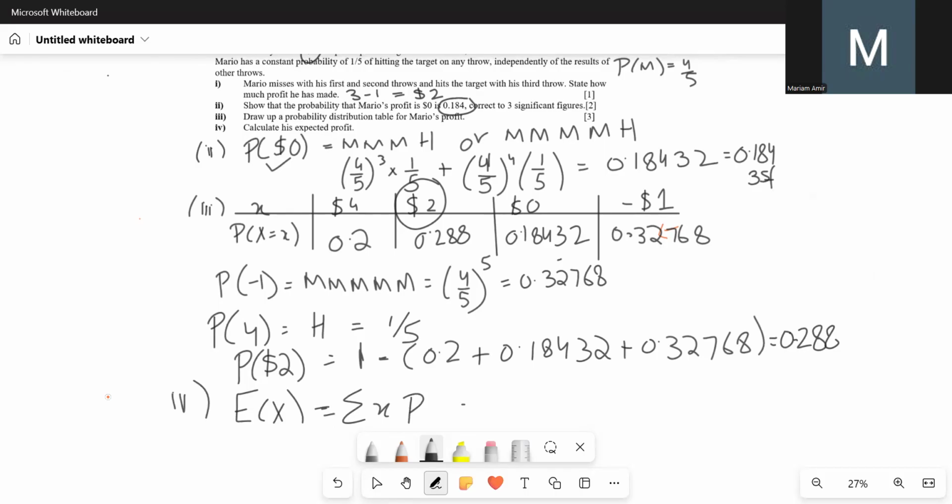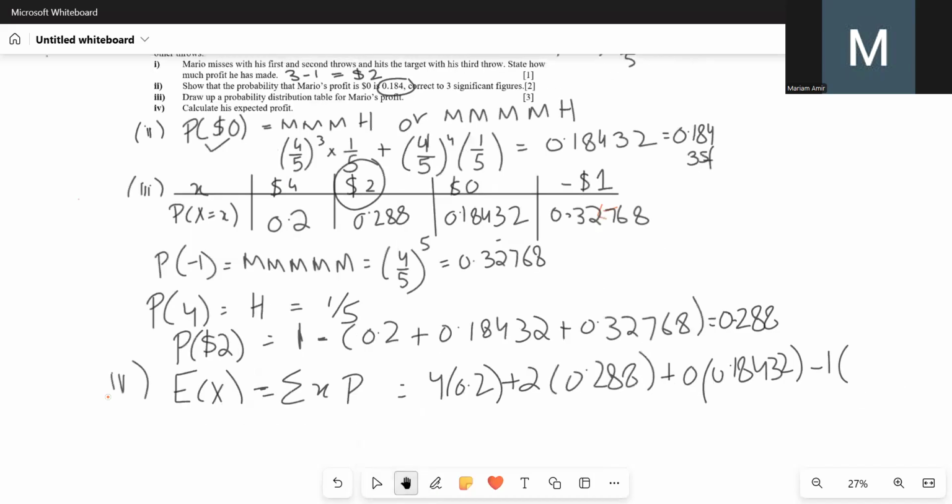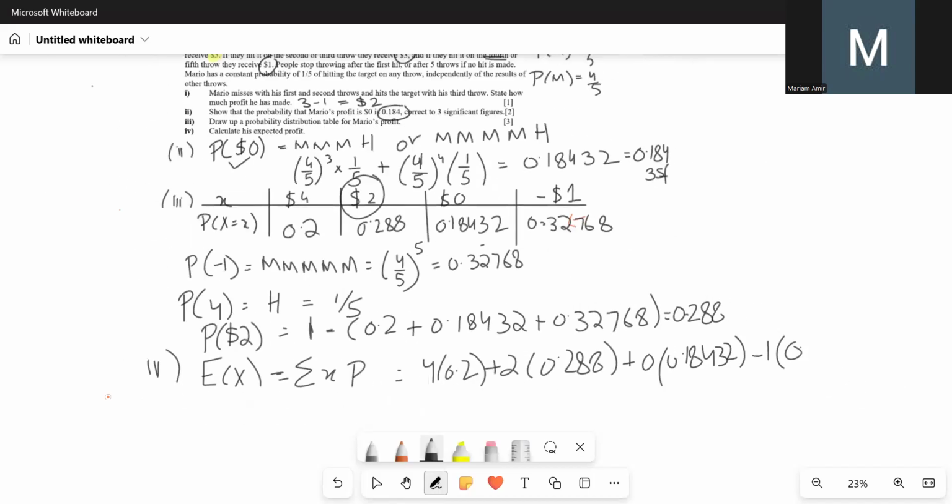So multiply 4 with 0.2, then 2 with 0.288, then 0 with 0.18432, and then negative 1 with 0.32768, which gives us 1.05.